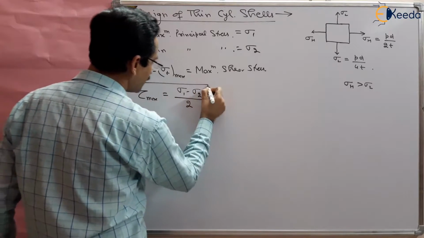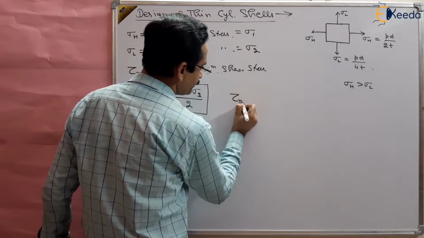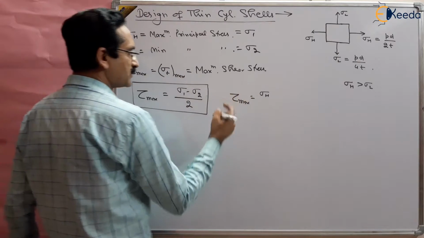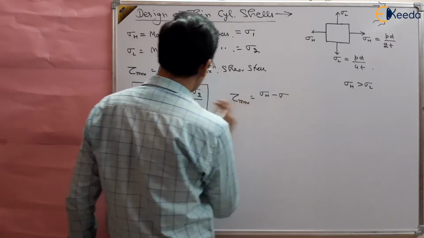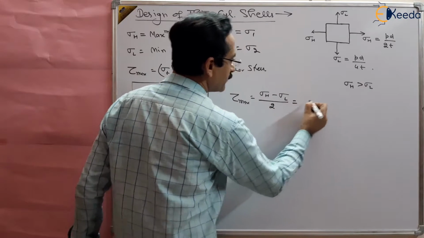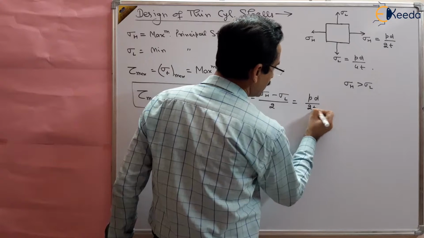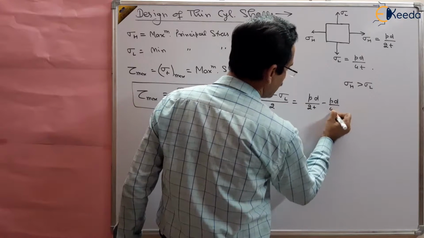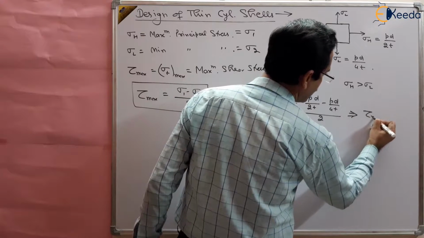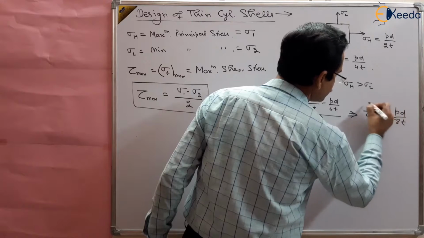So this is our formula. Tau max will be given by sigma h, the maximum principal stress, minus sigma L, the minimum principal stress, divided by 2. That is equal to PD by 2T minus PD by 4T, divided by 2. So this will come out to be tau max equal to PD by 8T.